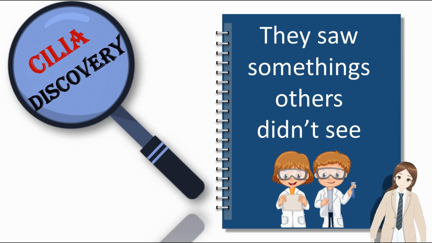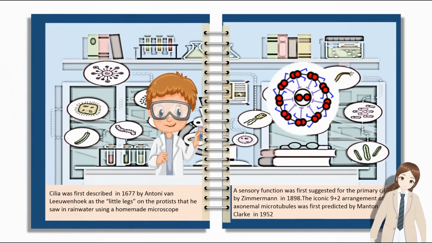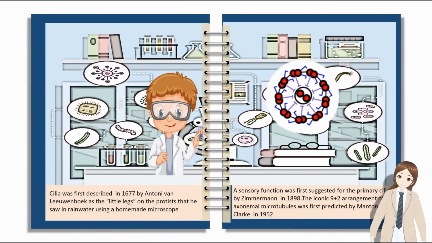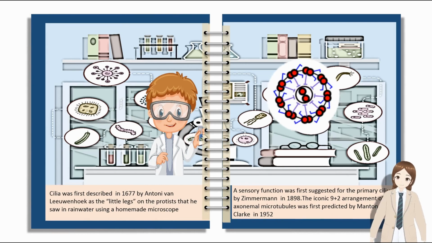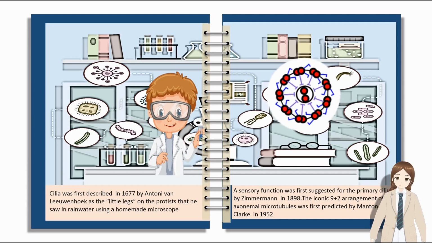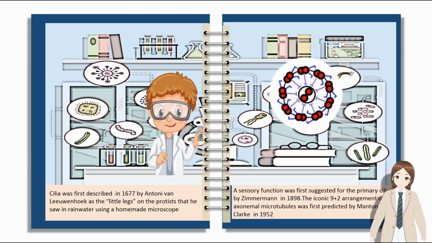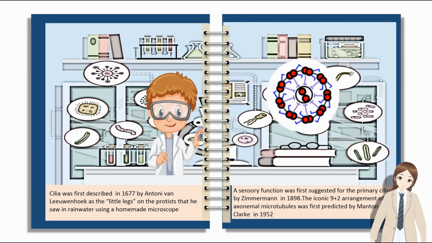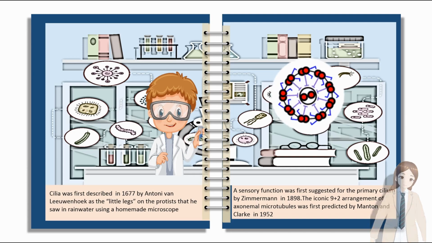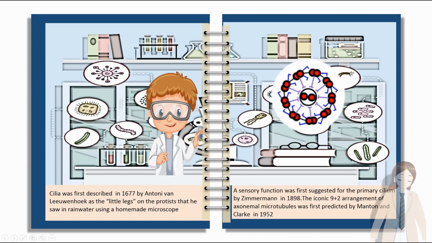Cilia discovery. They saw something others didn't see. Cilia was first described in 1677 by Anthony van Leeuwenhoek as little legs on the protists that he saw in rainwater using a homemade microscope. A sensory function was first suggested for the primary cilium by Zimmermann in 1898.